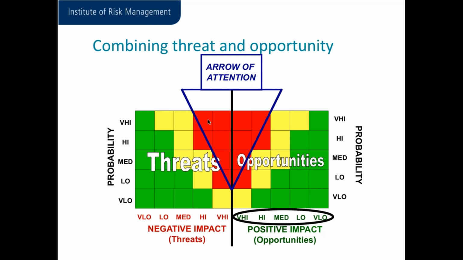Once you've scored your risks, you plot those risks onto the risk matrix, and this should give you a view of the biggest risk that you need to deal with first, so you can better consider your responses to those risks and focus your attention in the right place. Okay, all very simple so far, and I've just tried to think about how you can reduce some of the subjectivity in there.